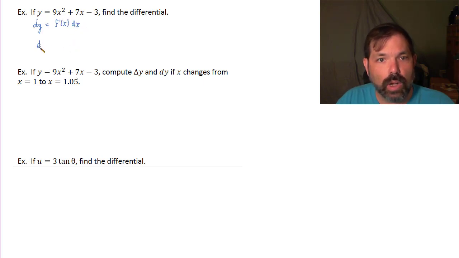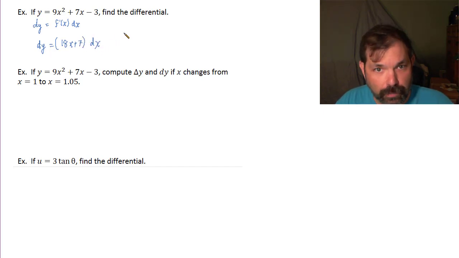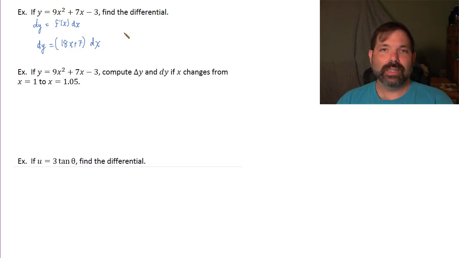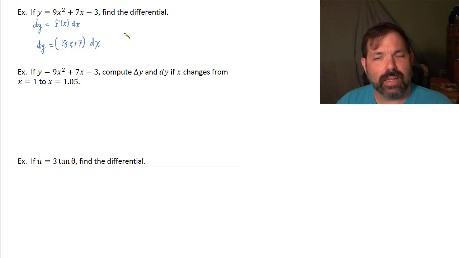So then dy is 18x plus 7 dx. That's the differential. Now, you might say, wait, shouldn't there be two differentials, dy and dx? Generally speaking, we call the differential this statement, dy equals f prime of x dx.